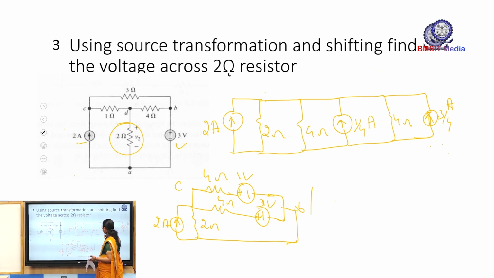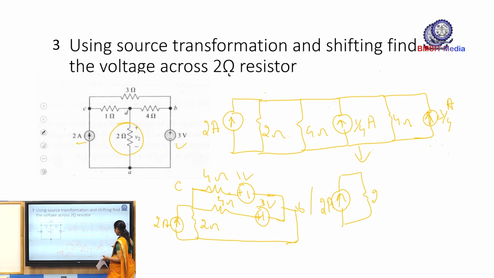So when you look at this one, you can also reduce this into a single source, retaining the 2 ohms as it is. Okay, the equivalent R value you can find as 4 ohms and 4 ohms, 1 ohm.